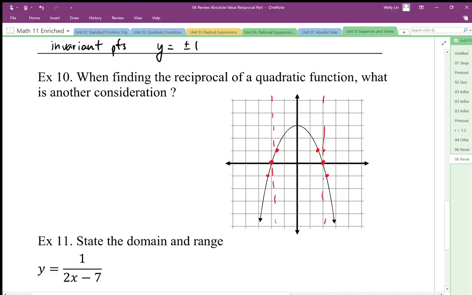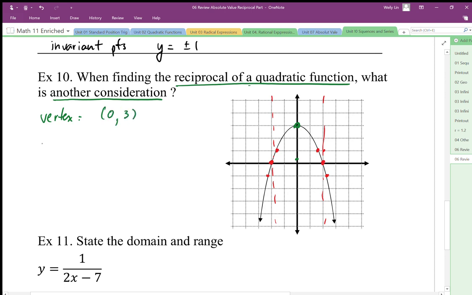But what is another consideration that we have to make for these quadratic ones? Another consideration is the vertex. Okay, so the vertex. We want to be able to locate that vertex. So the vertex here is at (0, 3).